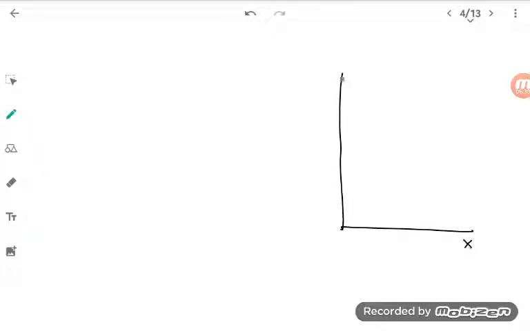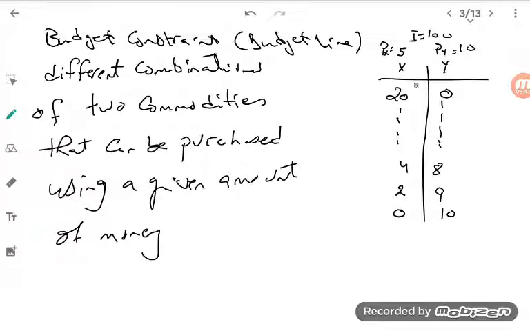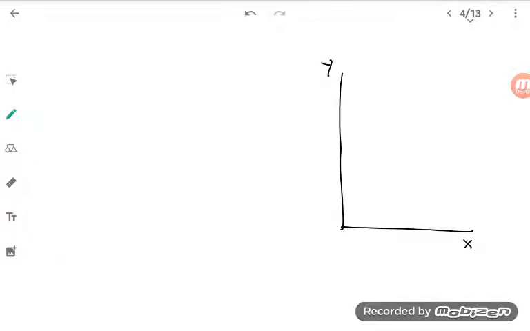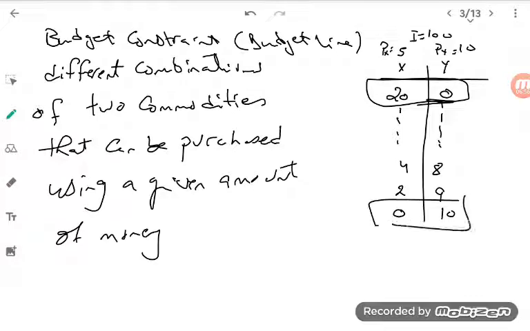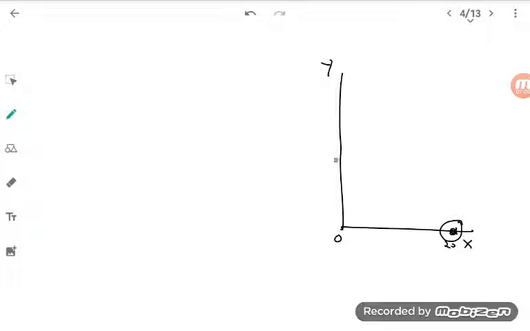This is commodity X and this is commodity Y. From the schedule, you can buy 20 X and 0 Y, 0 and 20. This is point number 1. Or 0 X and 10 Y, 0 and 10.